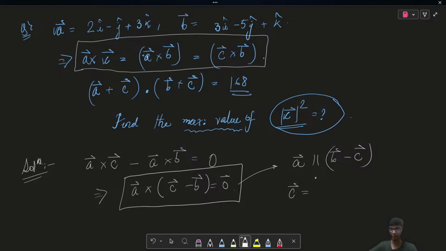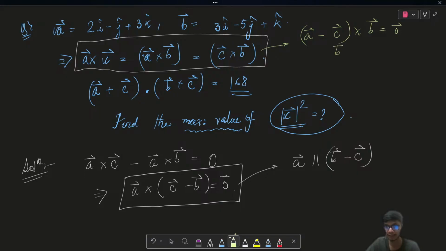So from here, if I am to write c vector, it will turn out to be some constant multiple of b vector plus a vector. Maybe from this other expression as well, if you evaluate it, I can take a vector minus c vector and cross of b vector to be 0 vector.